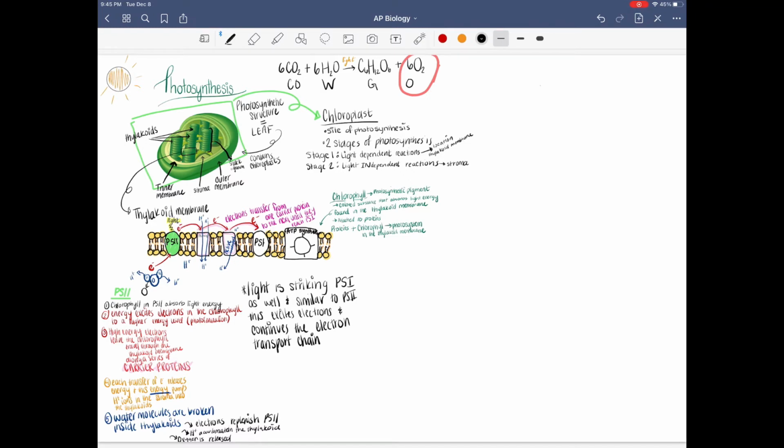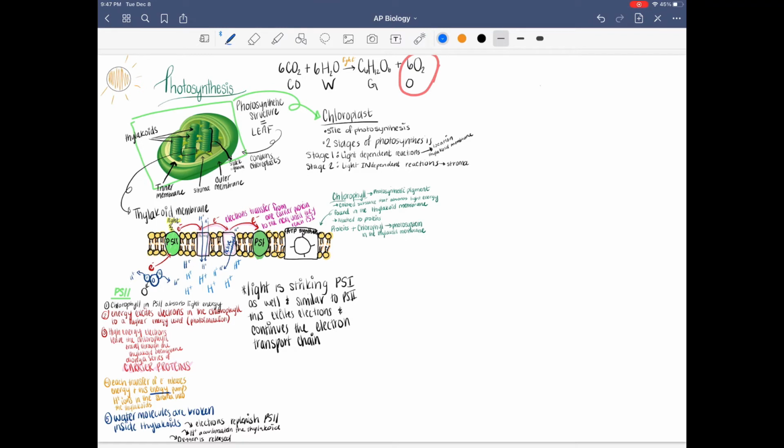And so, similar to photosystem 2, this will excite electrons and continue on that electron transport chain. So we have chlorophyll in photosystem 1 as well. We'll have that same process. The chlorophyll, the electrons will get excited and then they'll continue to move on in photosystem 1, just like photosystem 2. Now, this would be important in continuing our chain.